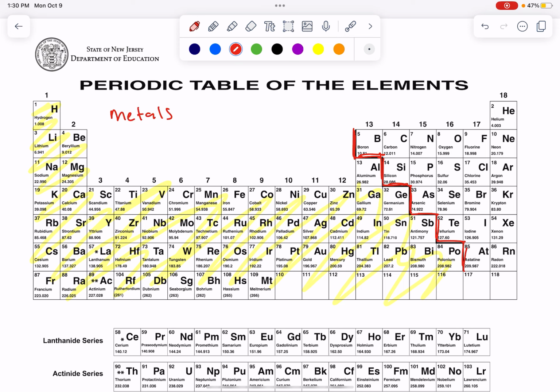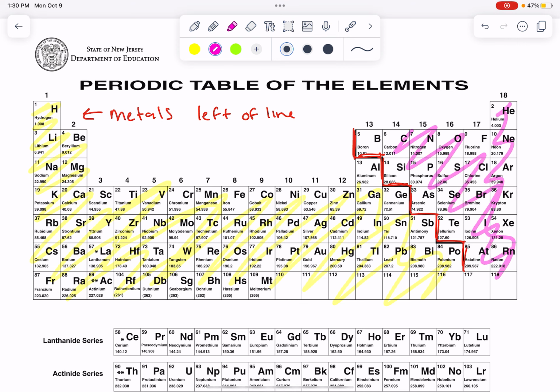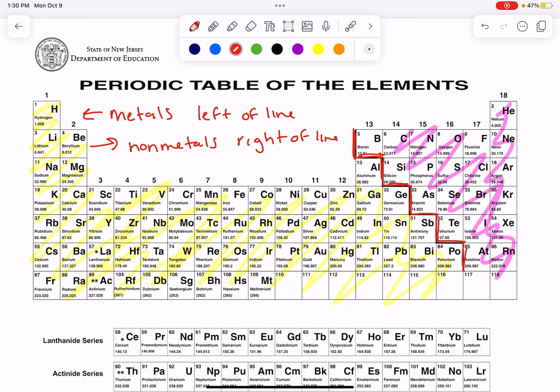So metals are to the left of the line. Everything over here, to the right of the line, these would be our non-metals. That's to the right of the line. And then these few that are touching the line right here, those are the metalloids.